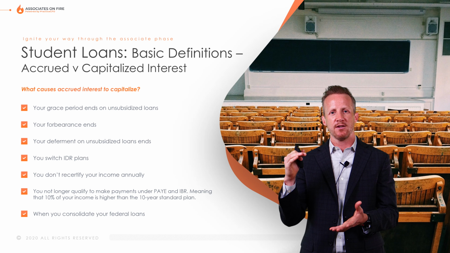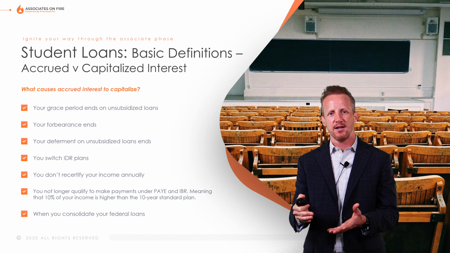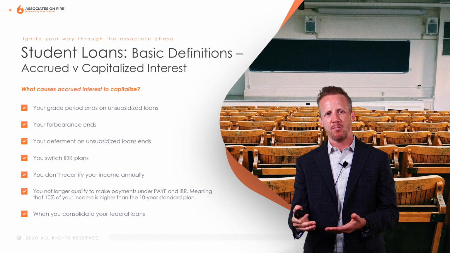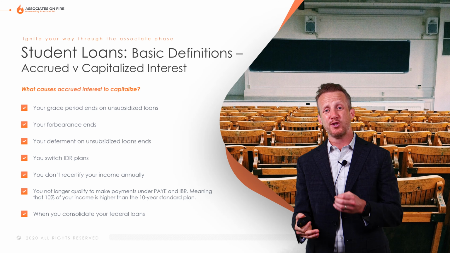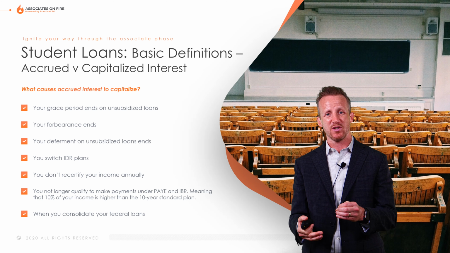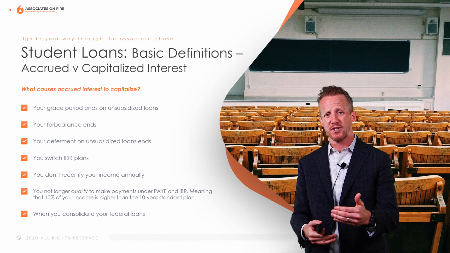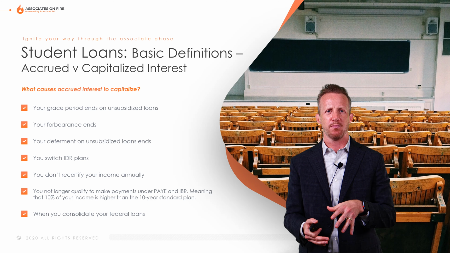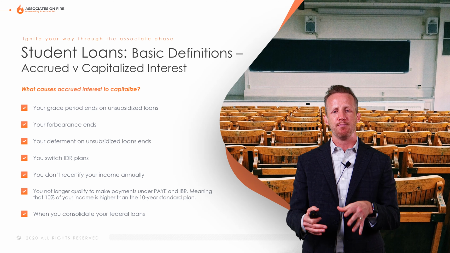And under an IBR or Pay As You Earn program, you're at 10% of your income going toward payment, but when you're not even working, you have zero going toward paying the interest. So the full interest portion, in my latter example, that would have been $34,000, will build up.